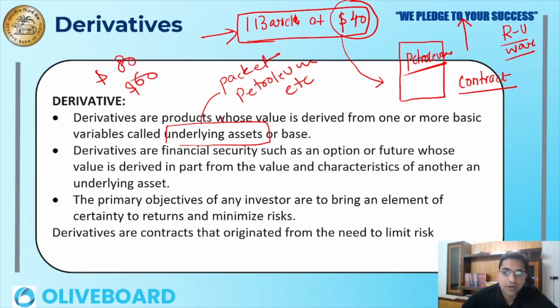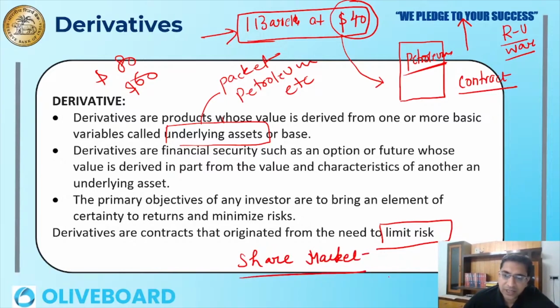So derivatives are contracts that originated from the need to limit the risk. We wanted to limit the risk. Why am I talking about limiting risk? Because if you go to the share market, all of a sudden the share market goes up, all of a sudden sometimes it goes down. Here you cannot limit your risk.